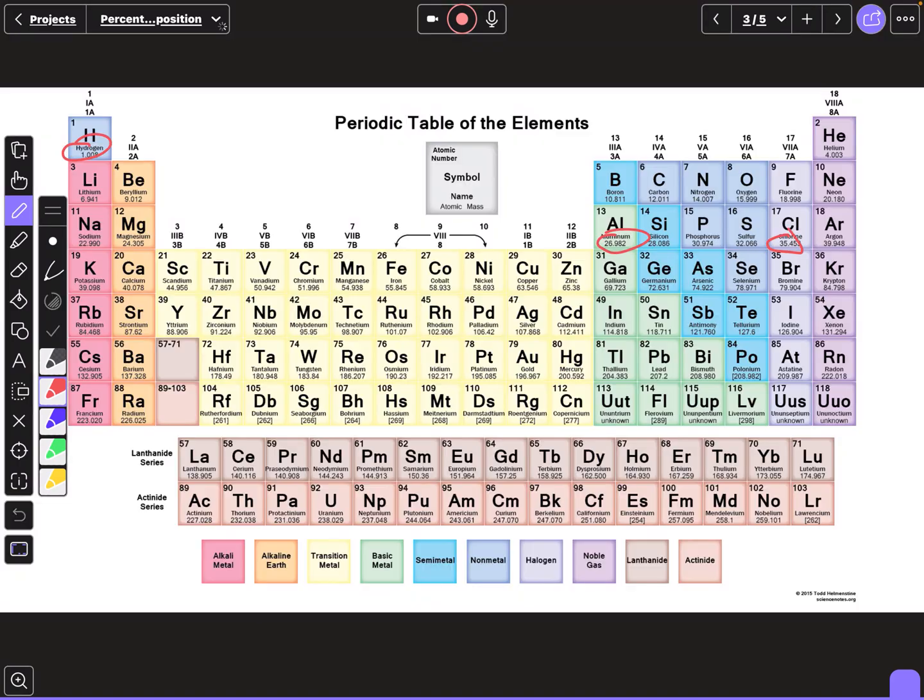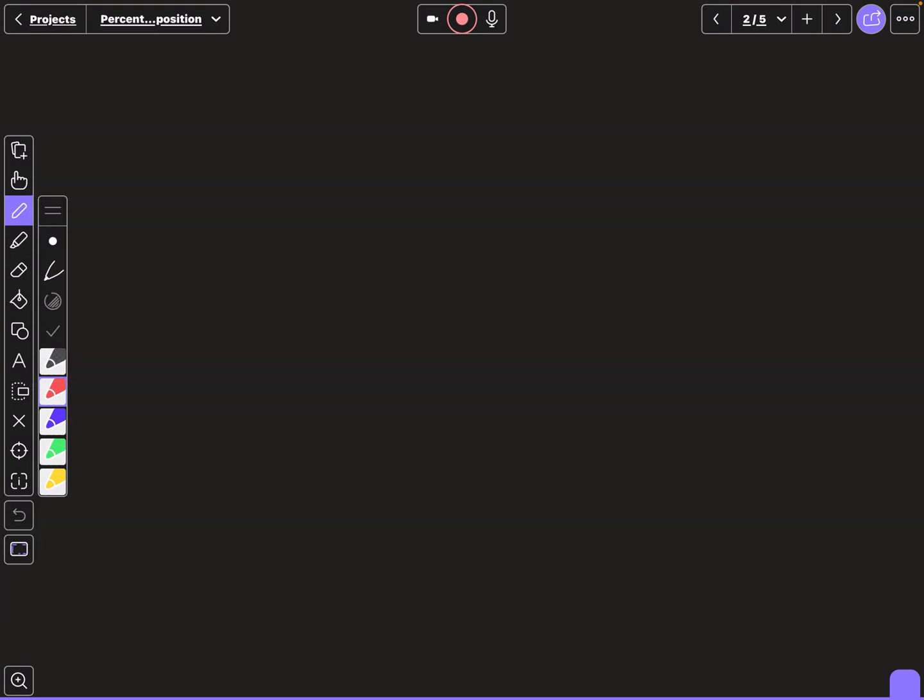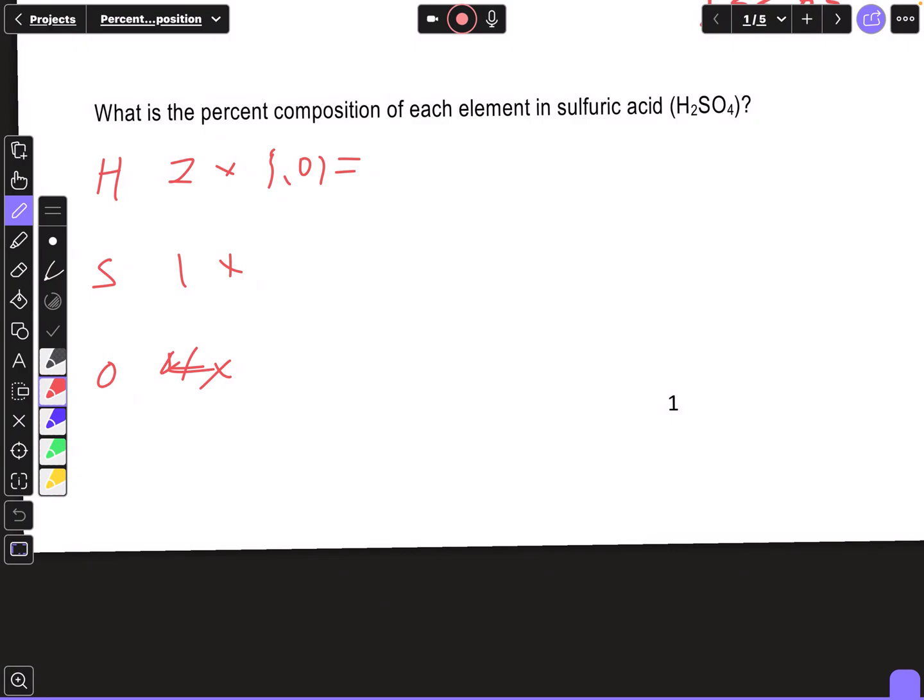Sulfur, I'll look up its atomic mass or molar mass. Sulfur is right here, it's 32.066, which is 32.07 to 2 decimal places. Then oxygen is 16.00.